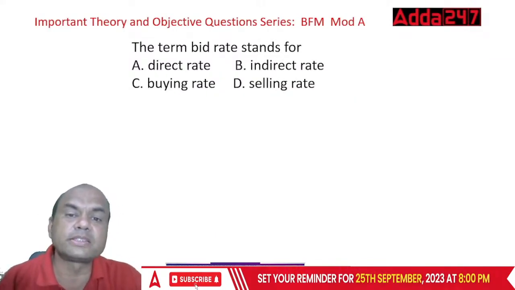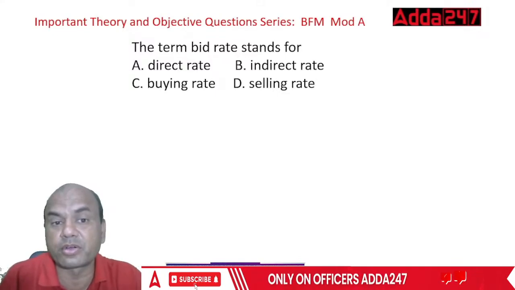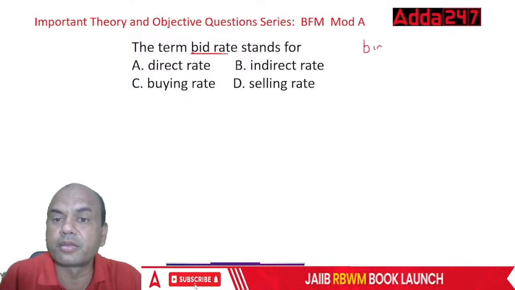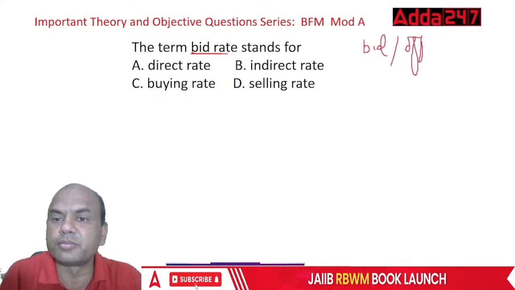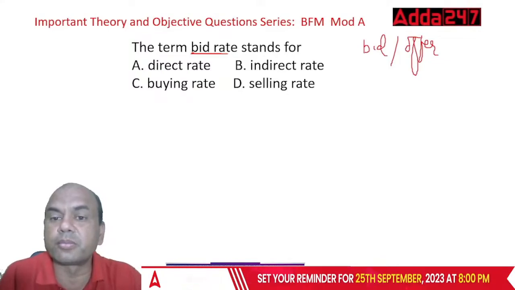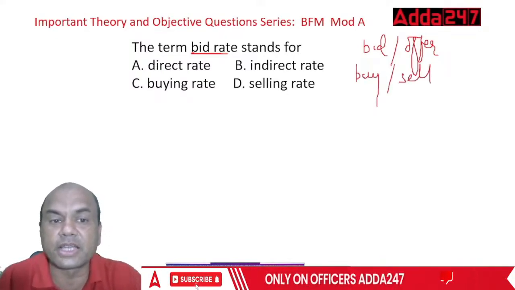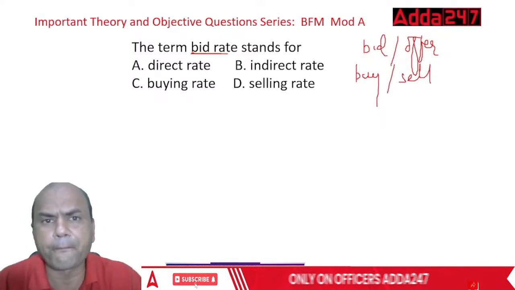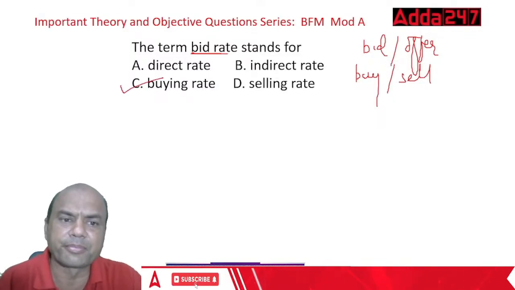The term bid rate stands for bid. Bid means what? Bid offer, bid offer. So you call it buy and sell. Bid stands for buying and offer for selling. It stands for the buying rate.